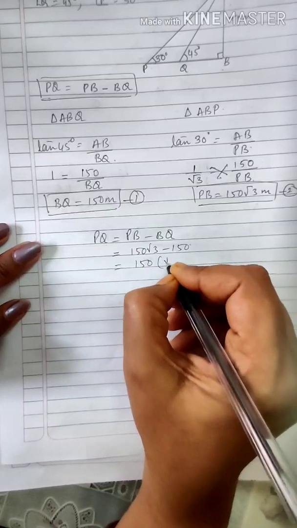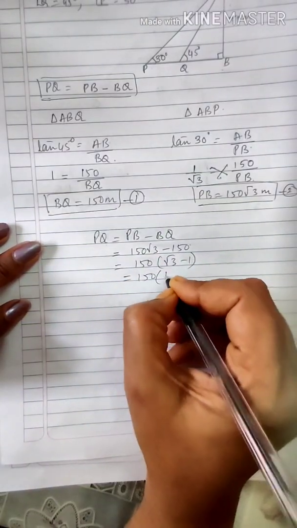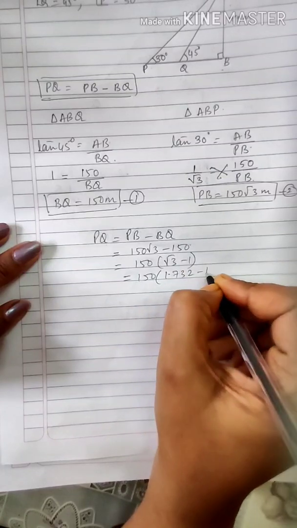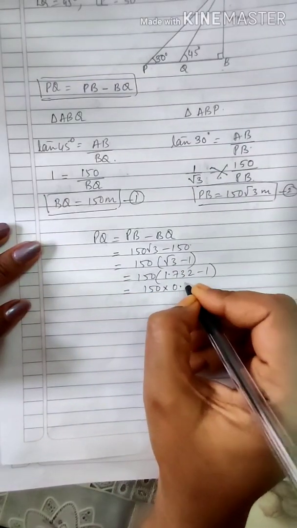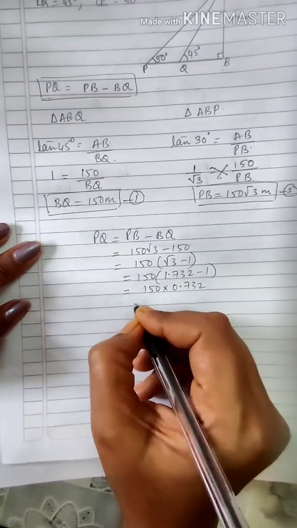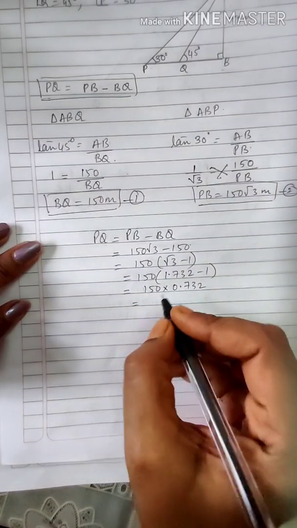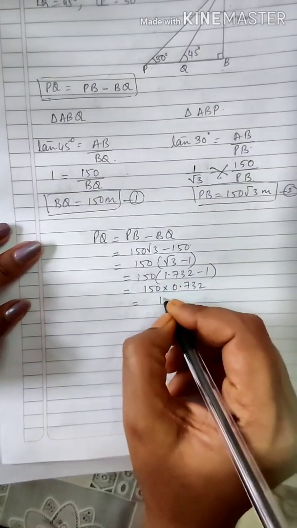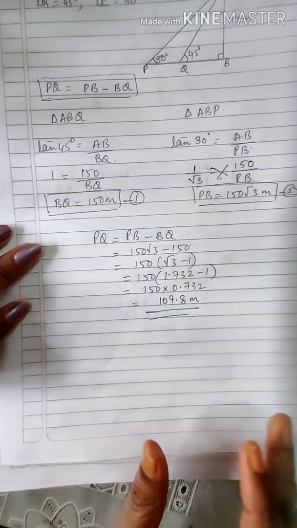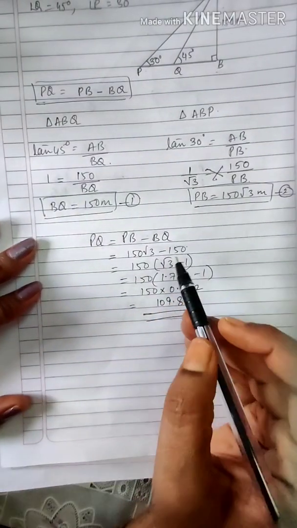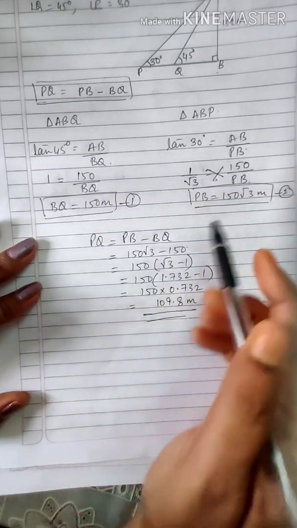Taking 150 as common, you get 150 of 1.732 minus 1, which will give you 150 into 0.732, and the value of this multiplication will be 109.8 meter. So you have to substitute the value of root 3 at the end, not here.